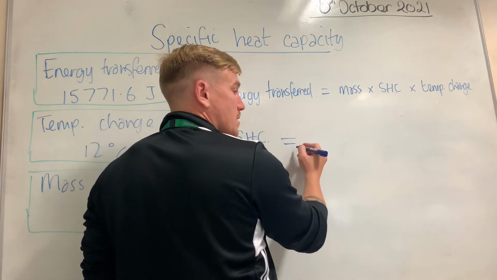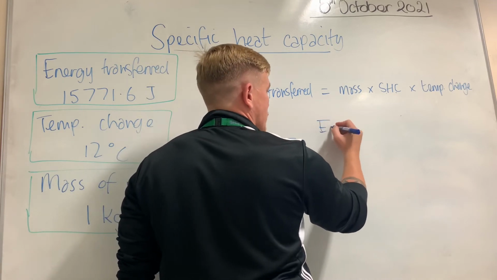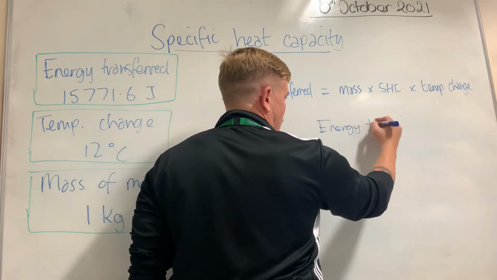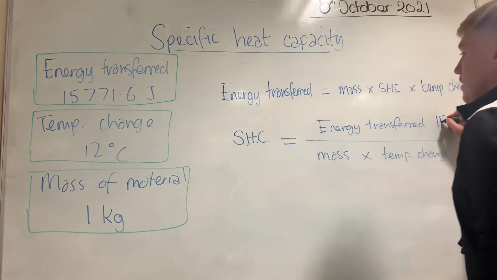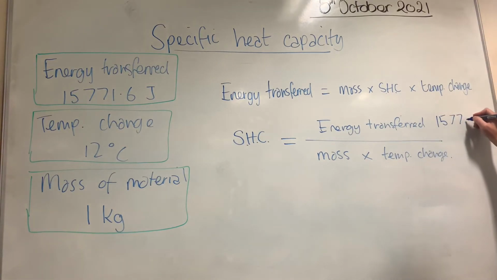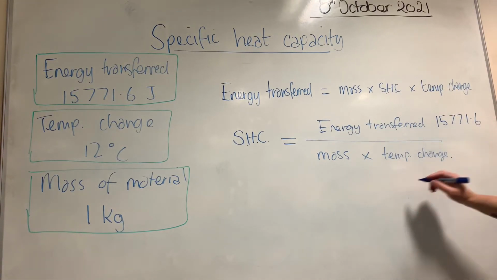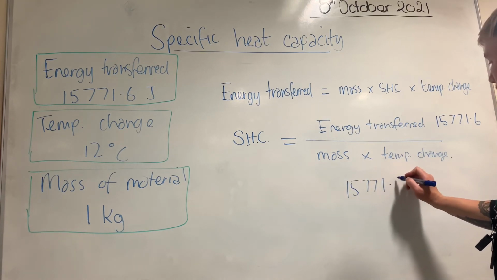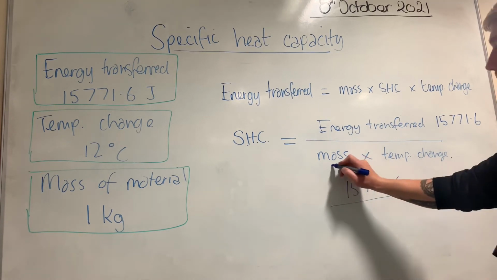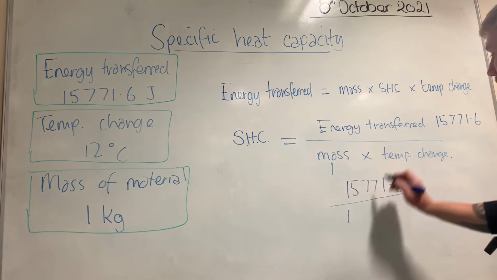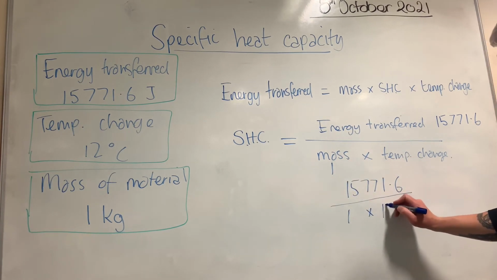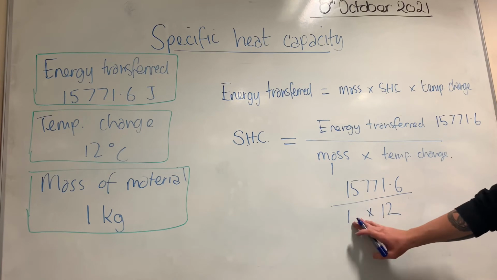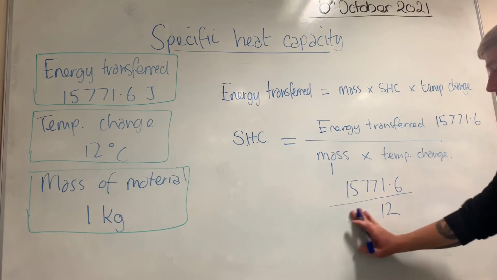So I'm now going to write that down so you can see what we can do with the figures we already have. So using the 15,771.6 joules, we can get the mass, which is 1 kilogram, and times that by the temperature change to give us 12. And we're going to divide 15,771.6 by 12.